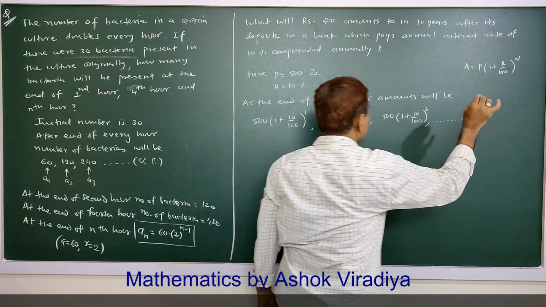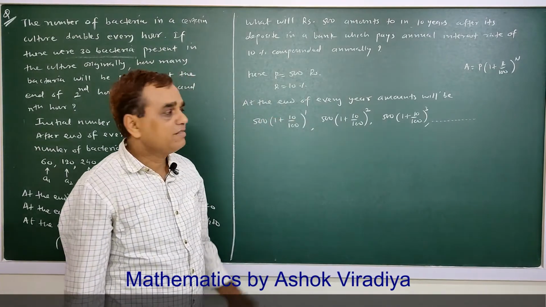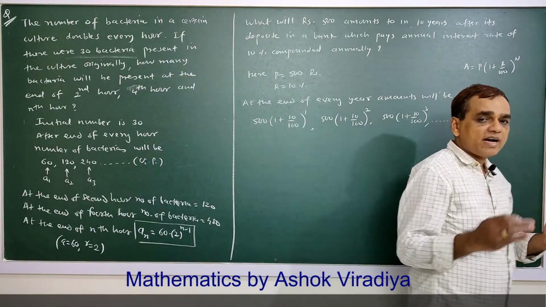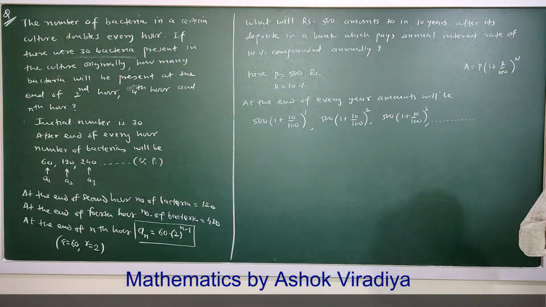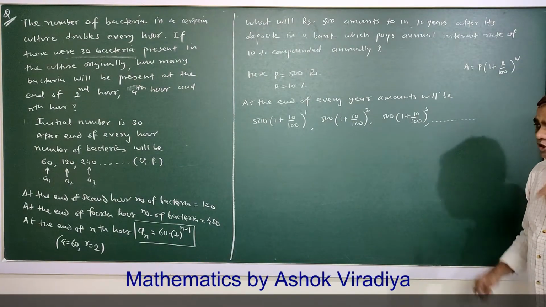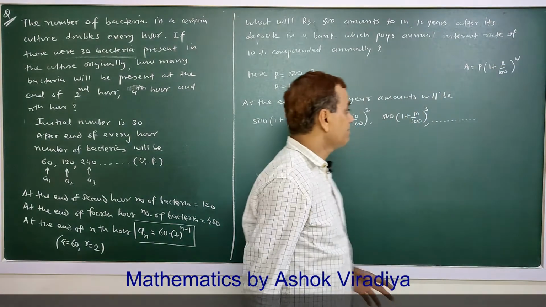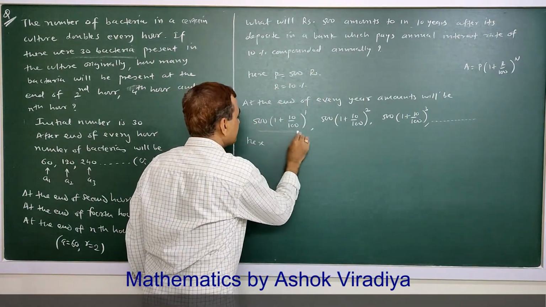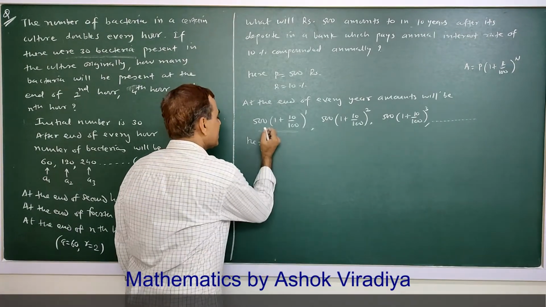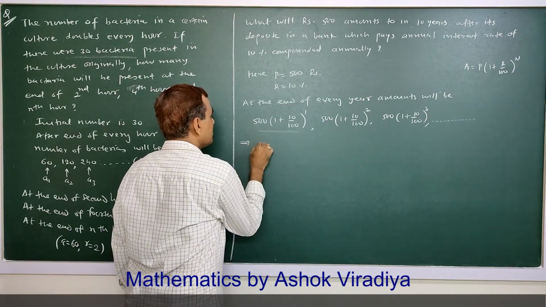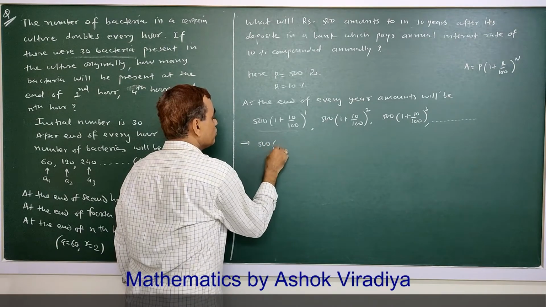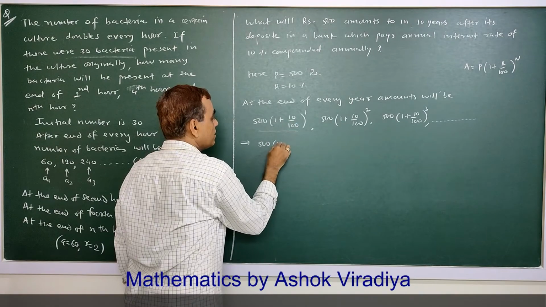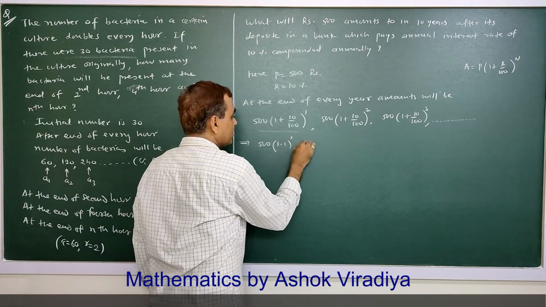Continuing this procedure, we can calculate the amount at the end of any year. So here, this is the first term. This can be taken in simple form: 500 into 1 plus 0.1, so 1.1 raised to 1.